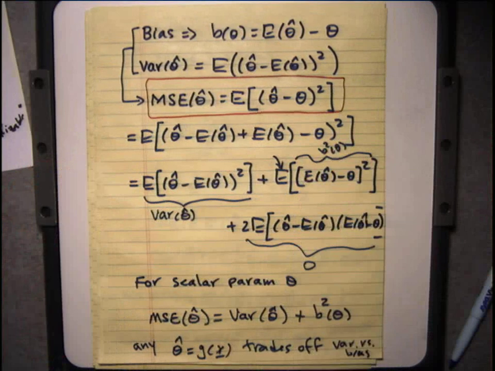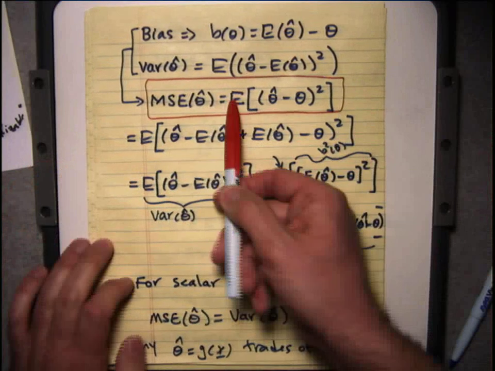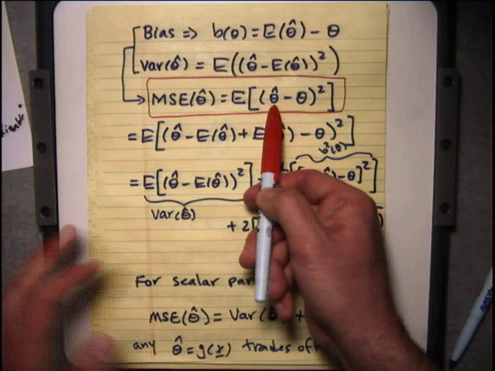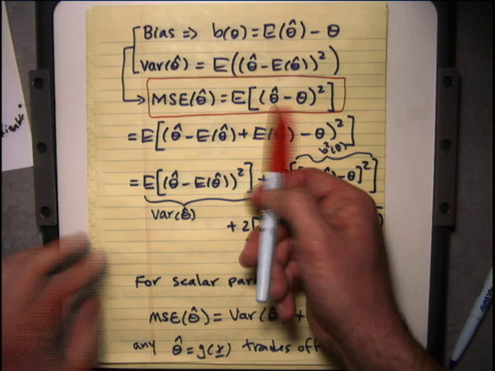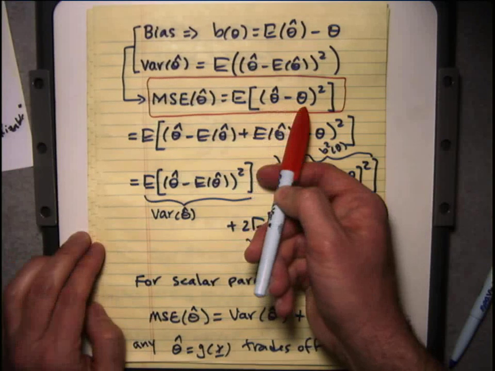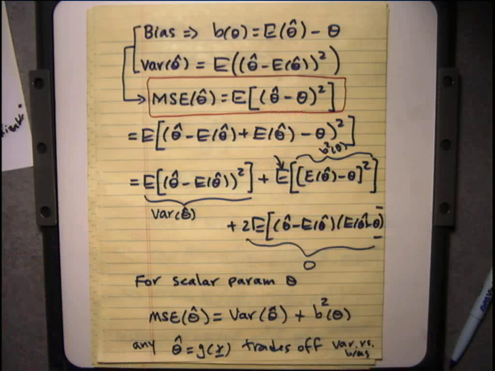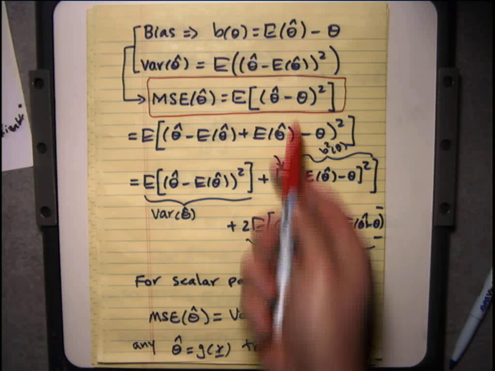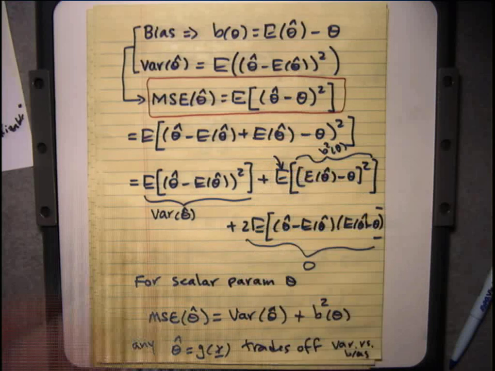what does it involve? It's the expected value of the estimate, which depends on the data, minus the true value of theta. But you don't know the true value of theta, right? So if I try to come up with the estimator that has the minimum mean squared error, I'm implicitly assuming that somehow I have knowledge of the truth, which I don't.